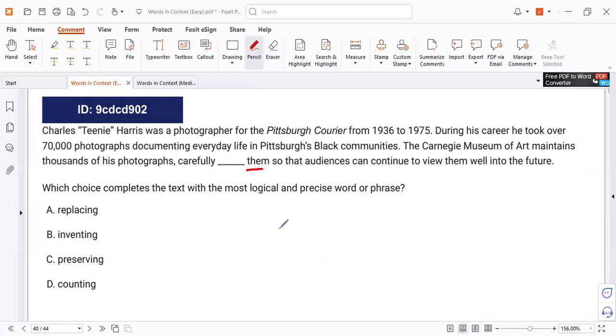What is the evidence of counting? Counting them so that the audience is. Okay, one second. No, it's C. It's preserving them. So now we must find what the object refers to and what the subject, verb, and object are.